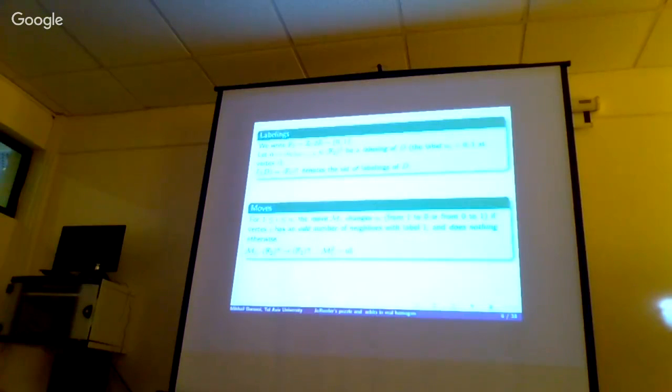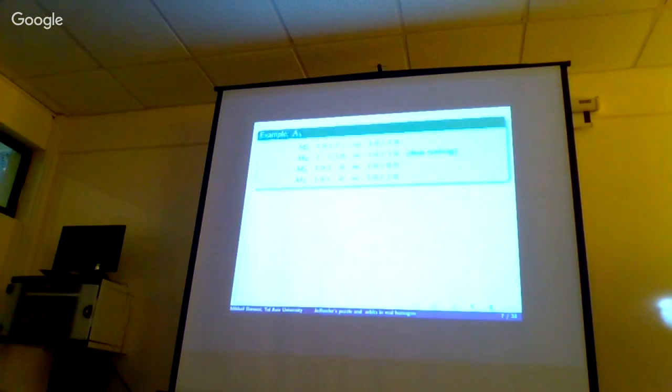Okay, I'll give an example. So we have a certain map from labelings to labelings, and if we apply it 2 times, we return to the identity. Exactly, you're right, but I'll show an example. We consider this example.